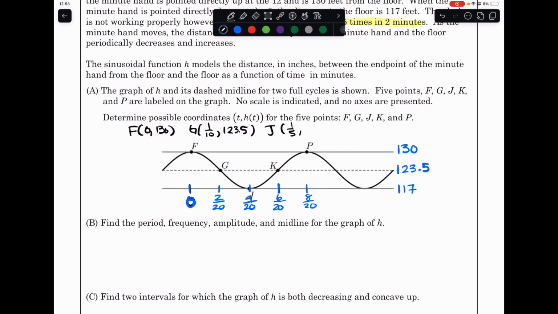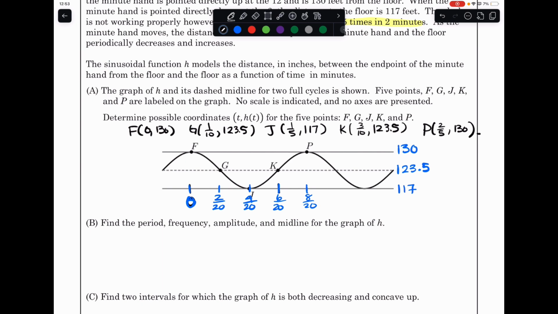And the y value is 117. K is 3 over 10 at 123.5. And then point P has the coordinate of 8 over 20, which if I divide both of those by 4 is 2 over 5 and 130. Okay, so those are the coordinates for that.